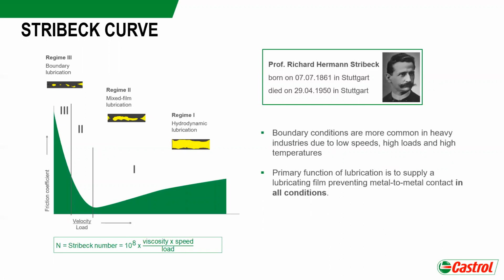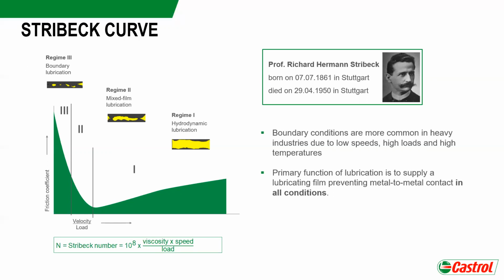And to get away from that, we need to either increase the viscosity, or if the load is still too high or the speed is too low still, or if it's a reversing speed, then we have to think about the type of additives that are used within the lubricant. And we've talked a bit about some of the additives today.